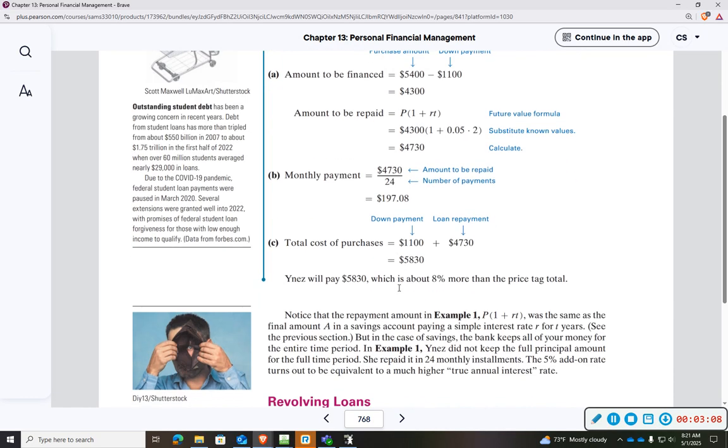And if you take the down payment that you paid, add the amount financed plus interest, it tells you the total amount that you paid for this purchase, and then it tells you that you're going to pay about 8% more than the original price tag in total.